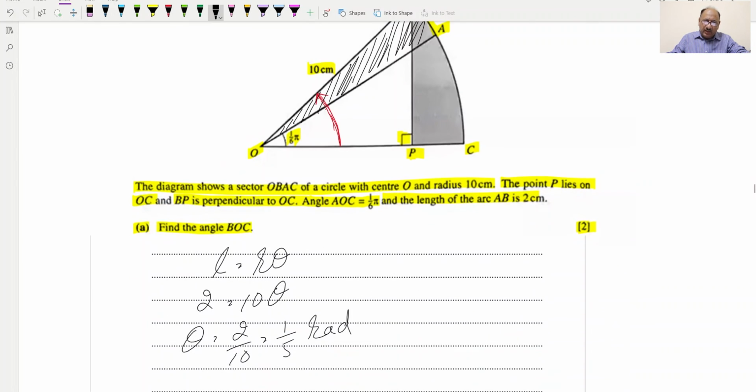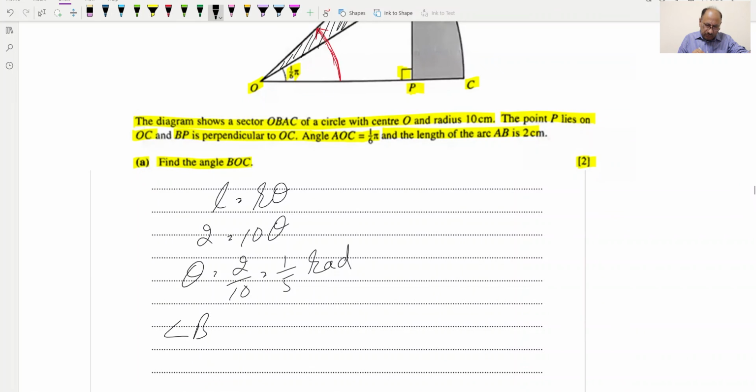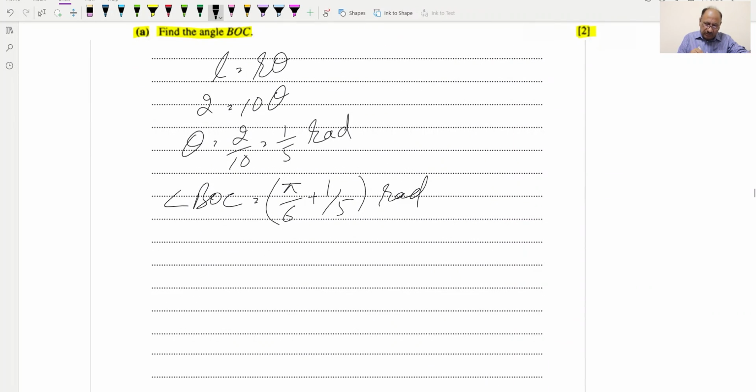So we can add this to pi by 6, so the total angle will be: angle BOC is equal to pi by 6 plus 1 by 5 radians. You can write it like this, or you can provide it in decimals.